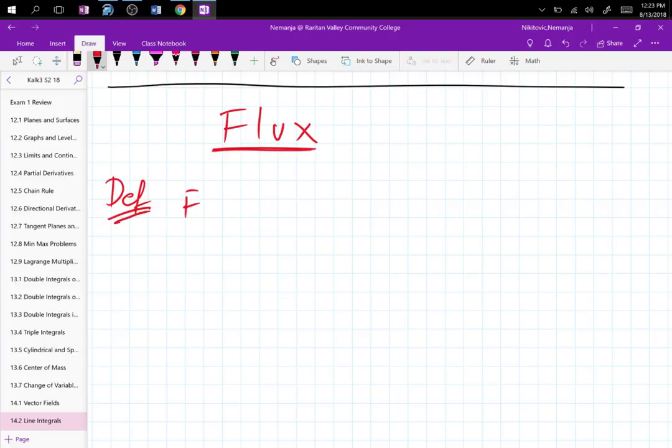So vector field F, G is continuous on R in R2.